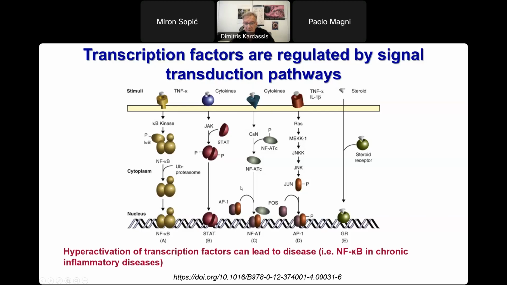We have seen the AP1, Jun and Fos, which bind to DNA and are also activated by cytokines. And here is NFAT, another signaling pathway, and we have also the AP1. In all of these cascades, we have a series of phosphorylations of kinases.